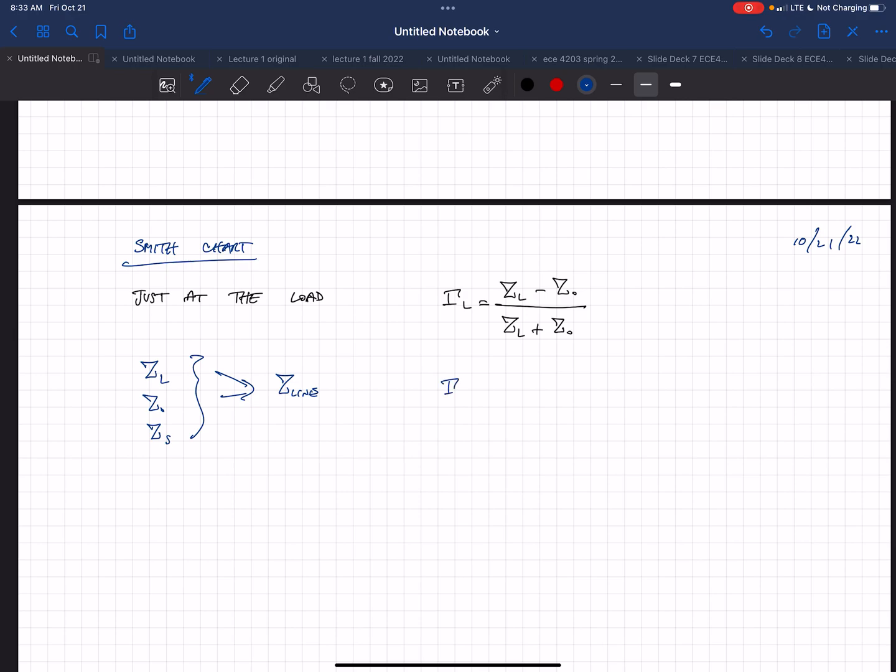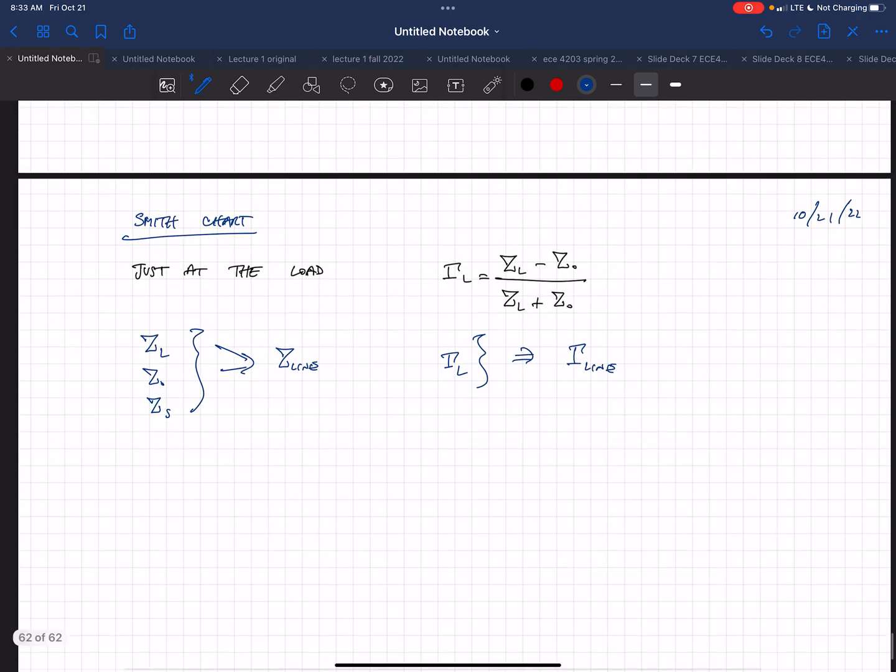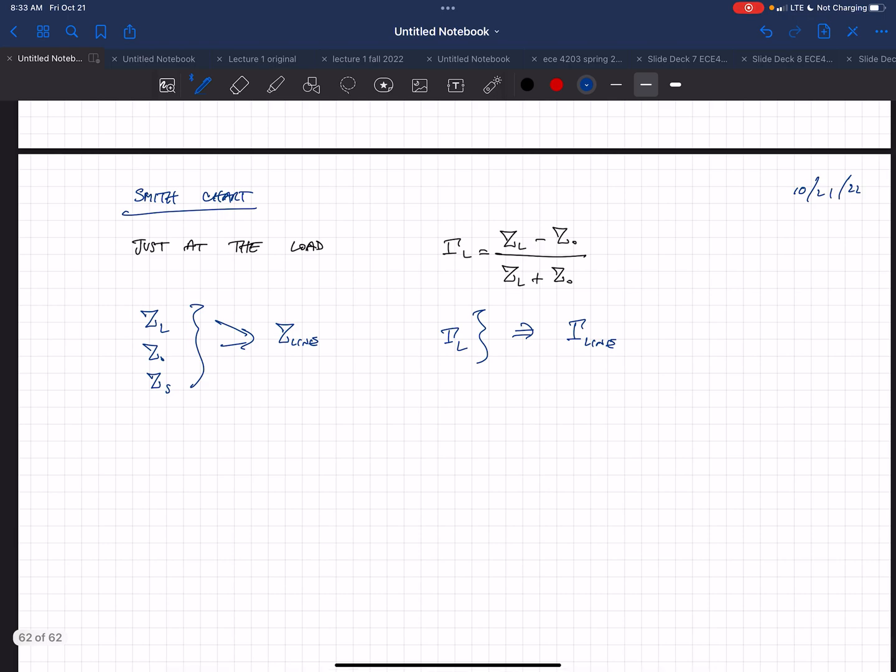We could also, from just having z sub L, look at gamma sub line anywhere along the line. At the load, the definition of the load reflection coefficient was really V0 minus at the load over V0 plus.